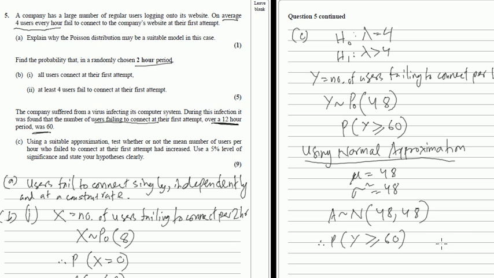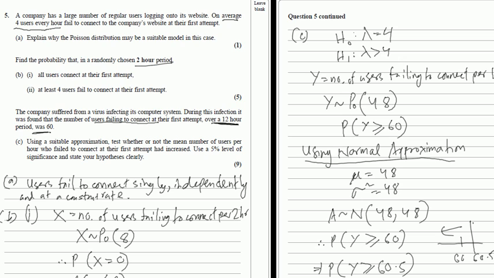Now for the continuity correction, if this is 60 and we need greater than or equal to, then this has to be 60.5. So the probability of y is greater than or equal to 60.5. Now it doesn't really matter anymore, we have to do the z-score.